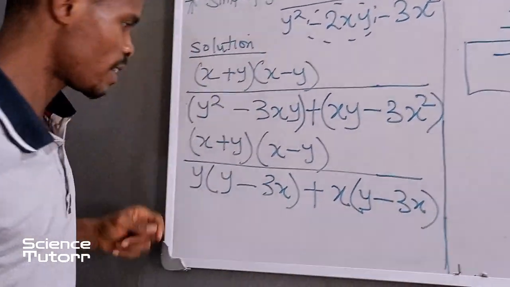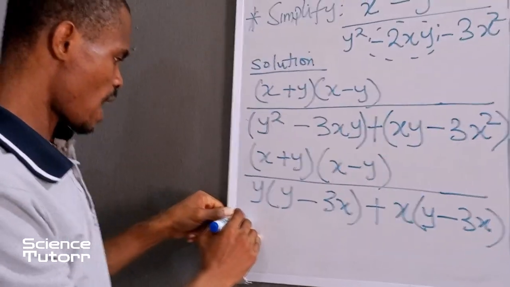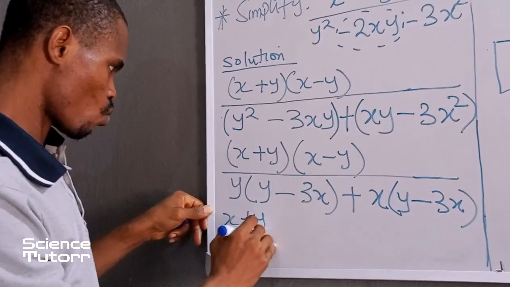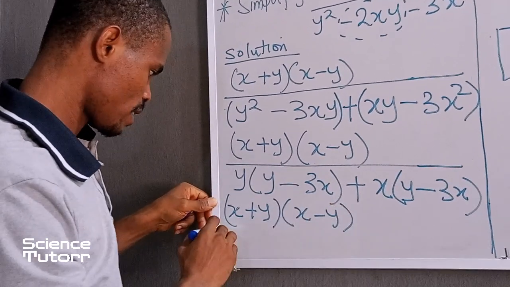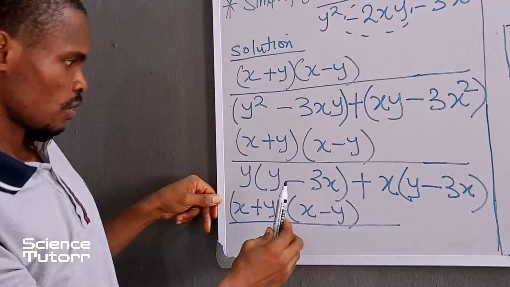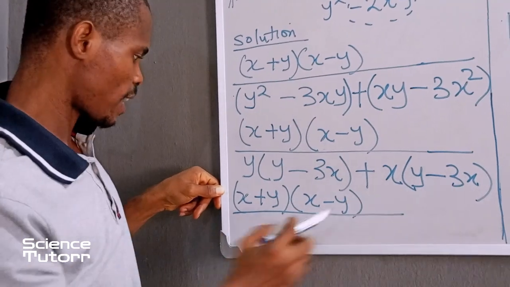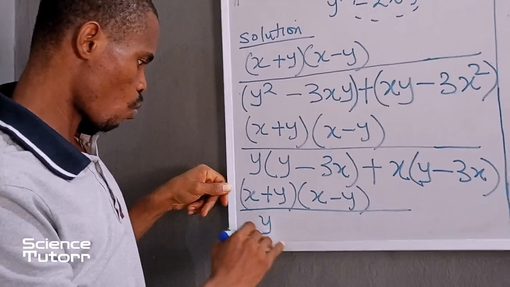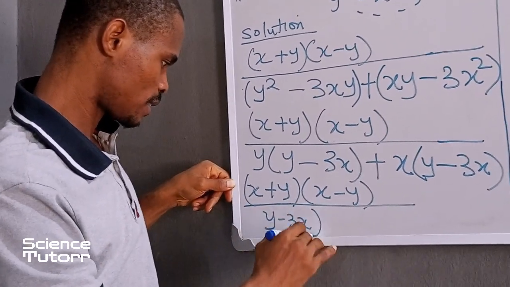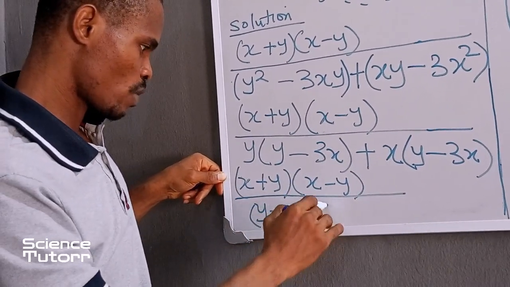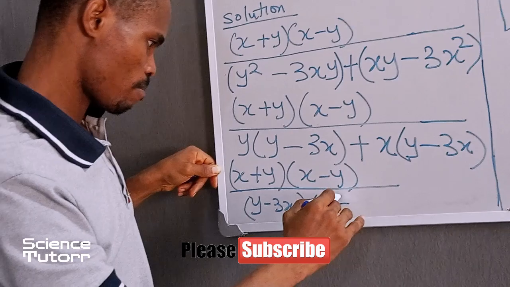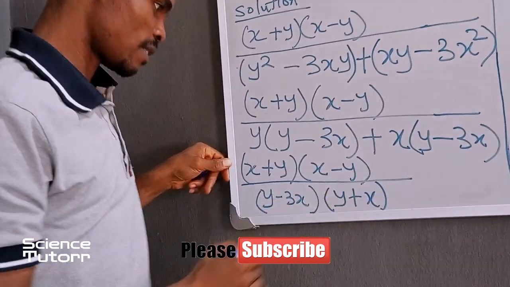At the end of the day, we're going to realize that we'll be having x plus y into x minus y all over, you see, y minus 3x, so we pick one, y minus 3x, and then we are left with y plus x. So we have y plus x.